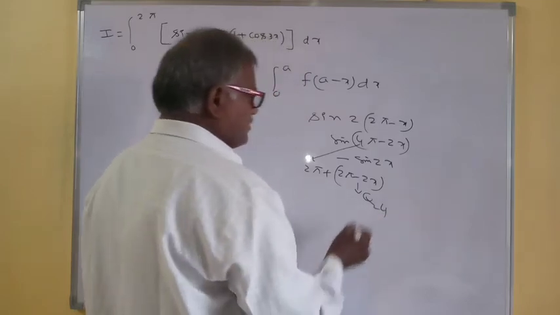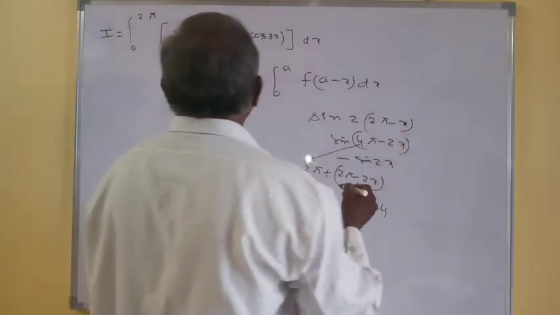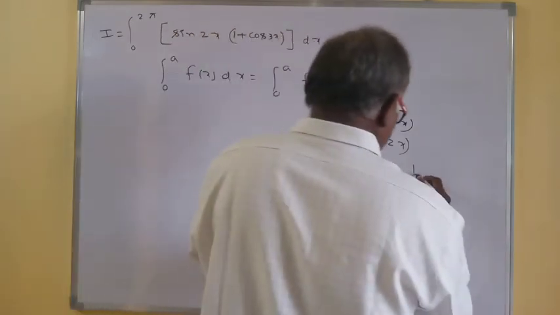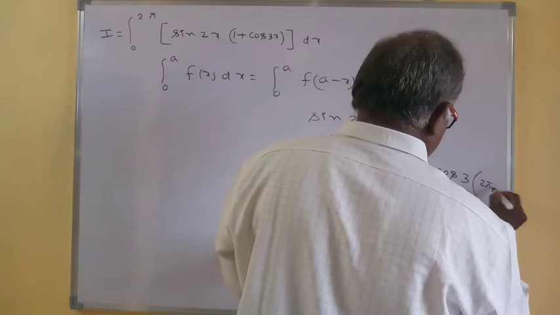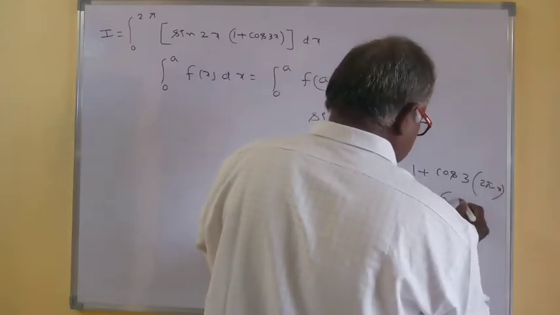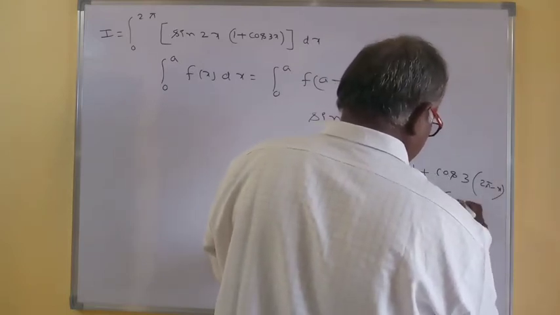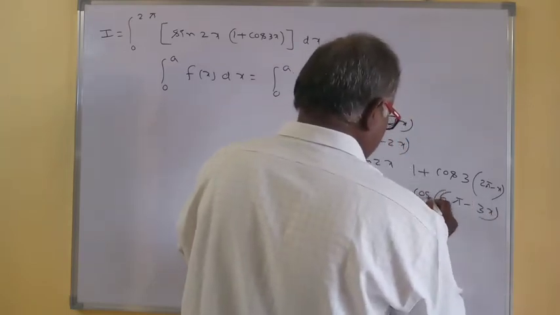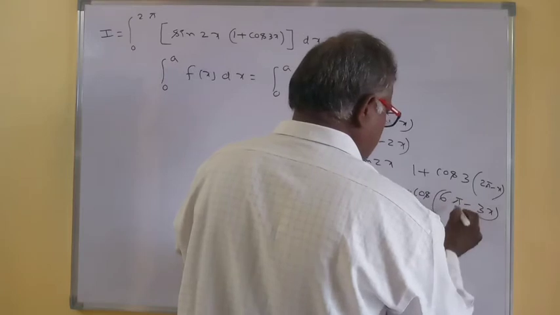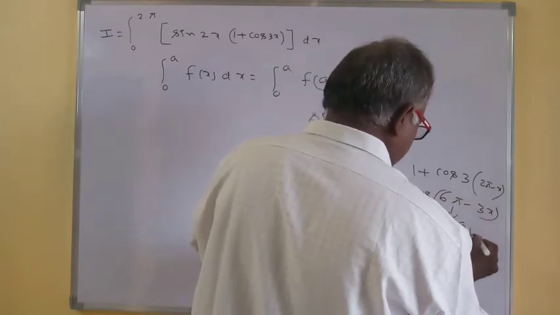And cos of 3 into 2 pi minus x is cos of 6 pi minus 3x, also in the fourth quadrant, so there is no change.